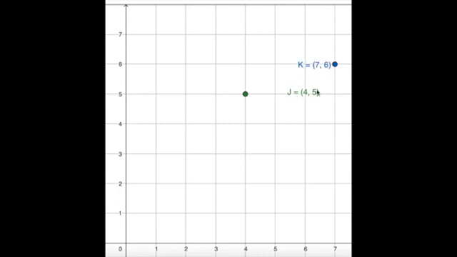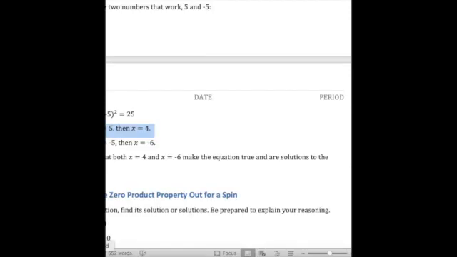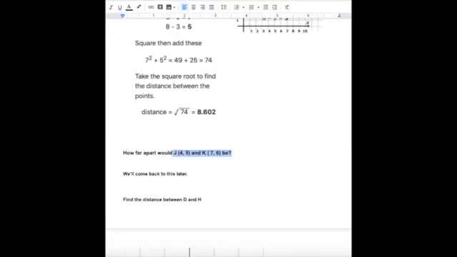So the difference in the Y values is 1, and the difference in the X values is 3. So the difference in X values is 3. And the difference in Y values is 1.